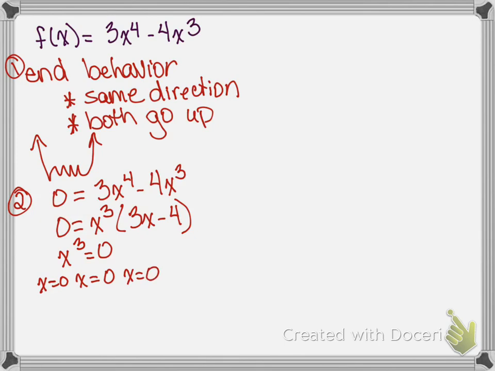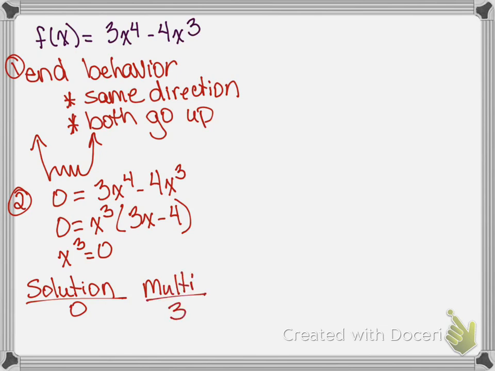We don't have to write that down 3 different times. How do I know it happens 3 times? Because it's to the third. That's how I know it happens three times. So I have 0 for a solution, and the multiplicity for 0 is 3.